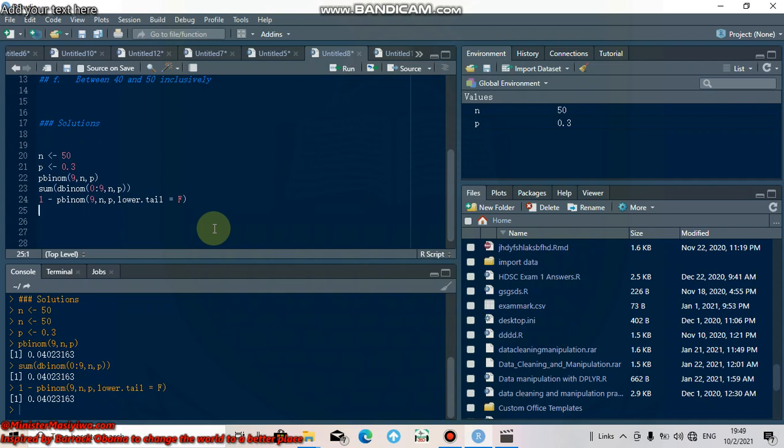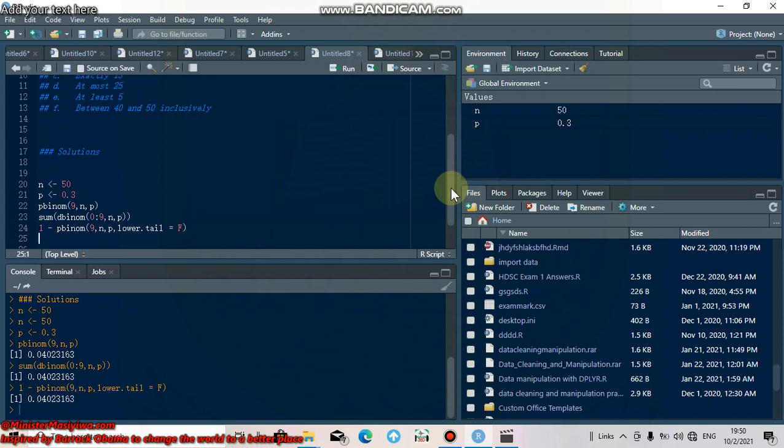Let me give an explanation of that lower.tail argument. By default, if you run pbinom, lower.tail will be equal to true. If it's true, it's going to find the probability of X less than or equal to x. If it's false, it's going to calculate the probability of X greater than x. So that's all about the lower.tail argument.